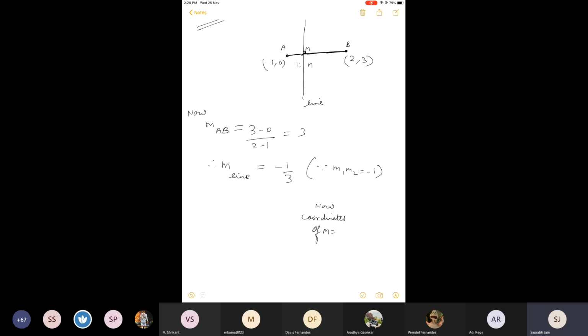Now you know how to use the section formula: x coordinate is 1 into 2 plus n into 1 upon 1 plus n. Then y coordinate is 1 into 3 plus n into 0 upon 1 plus n. So these are the coordinates of M.